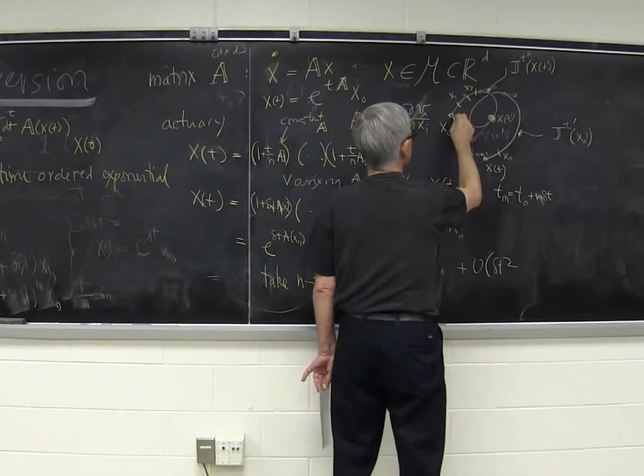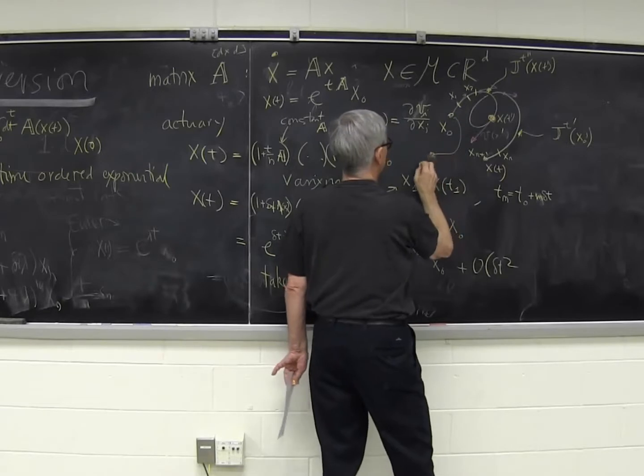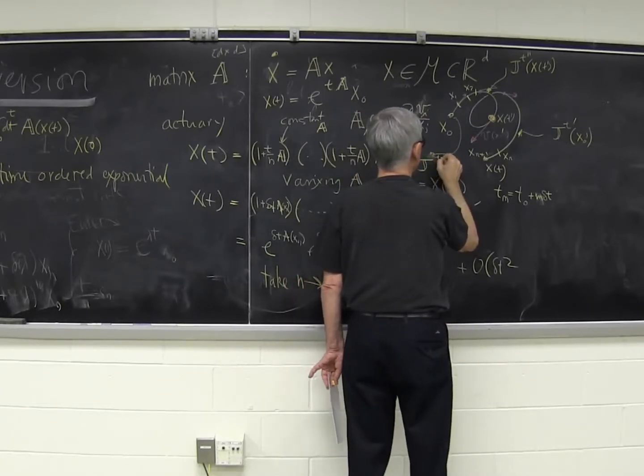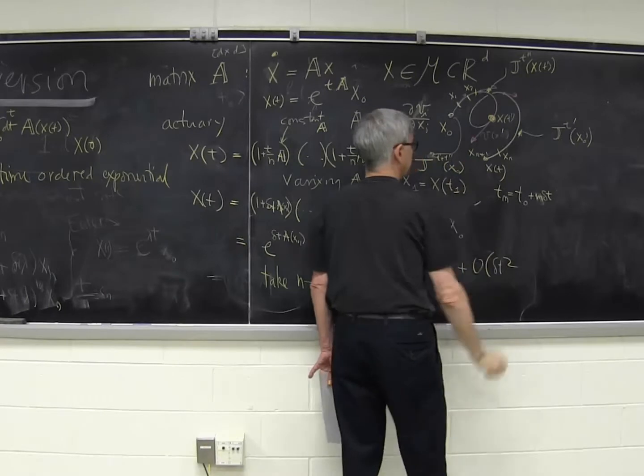And once you're done, you have the Jacobian for t prime plus t double prime, which started at x0.